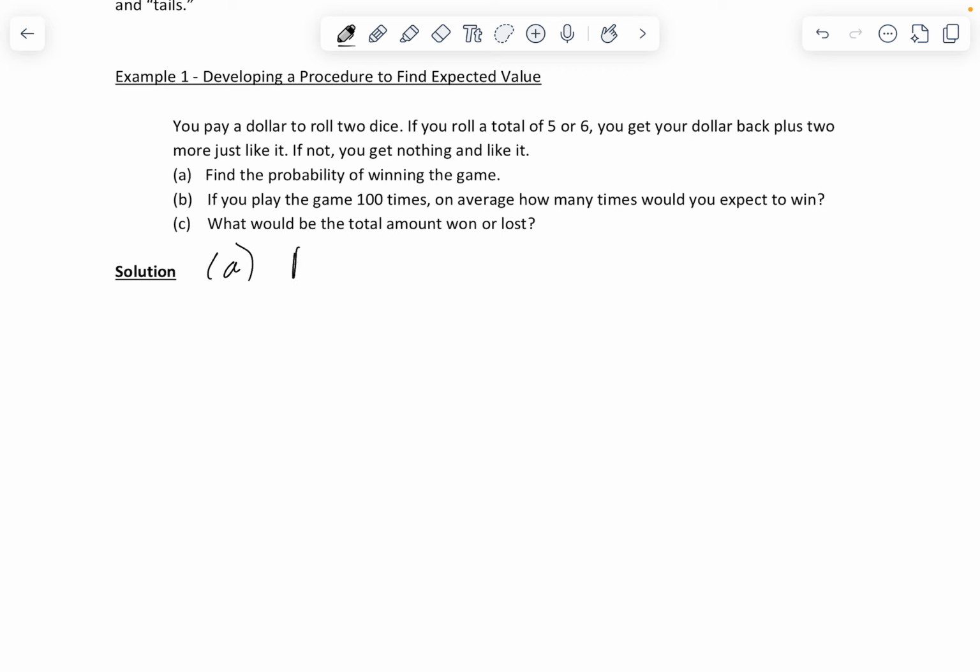Okay, so we would say probability of getting a 5 or a 6 is equal to 9 out of 36, and this reduces down to 1/4. Okay, so the probability of winning this game is 1 out of 4, 1/4.